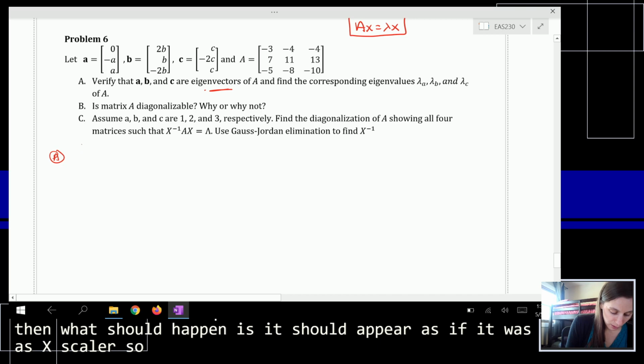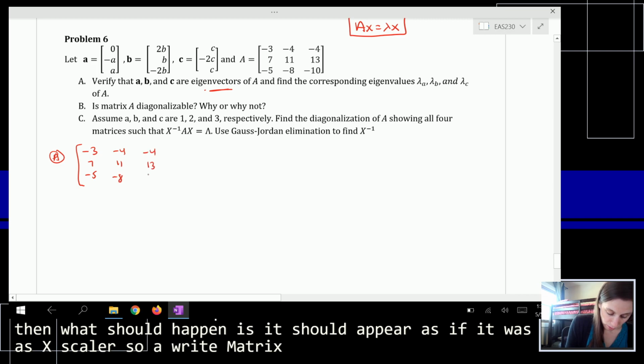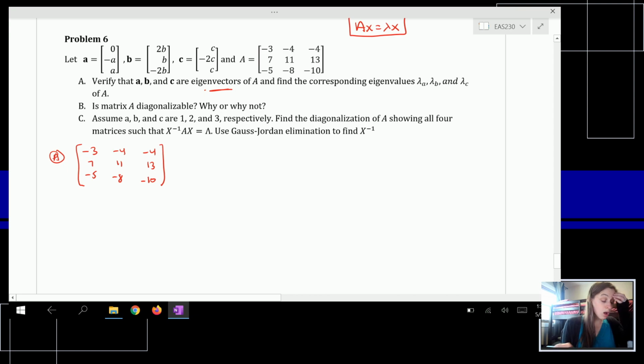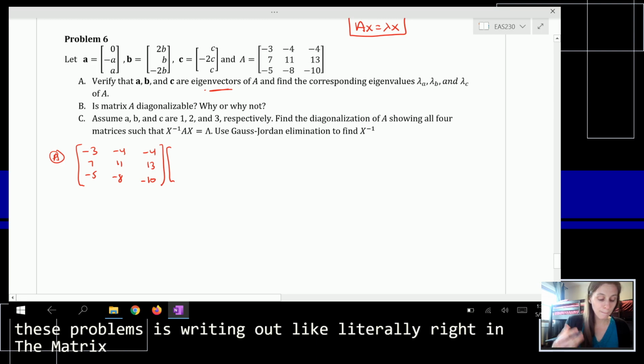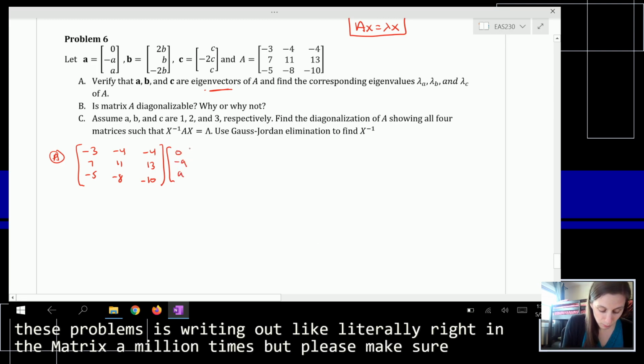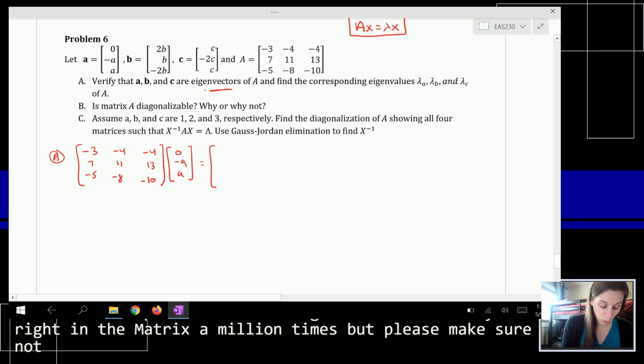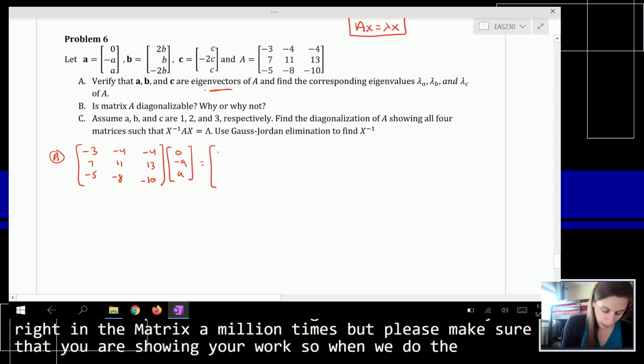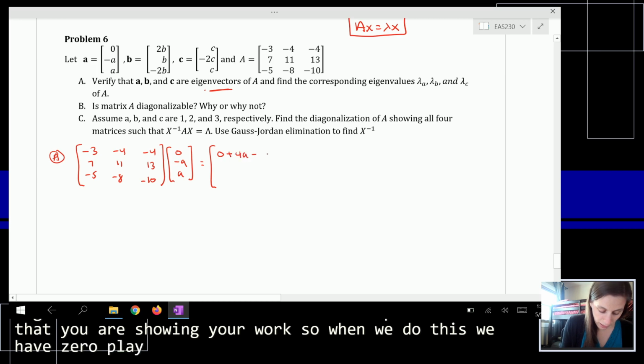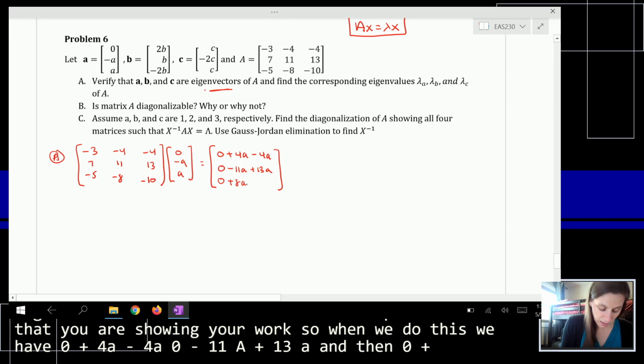So A, write my A matrix. The longest part about some of these problems is literally writing the matrix a million times, but please make sure that you are showing your work. So when we do this, we have 0 plus 4a minus 4a, 0 minus 11a plus 13a, and then 0 plus 8a minus 10a.